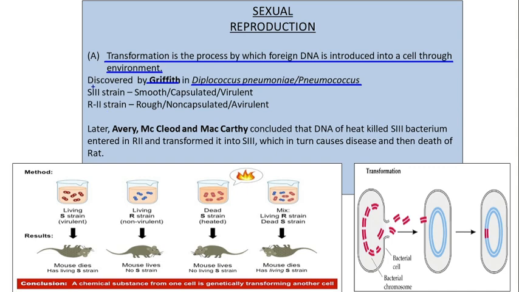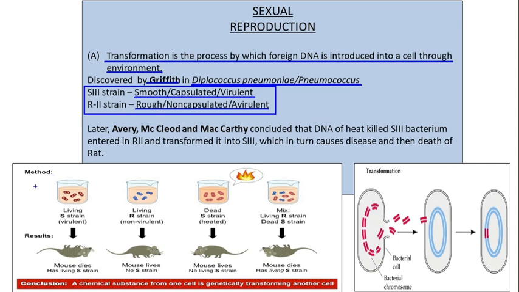Griffith observed that there were two strains. The first strain is S3, which is a smooth, capsulated, virulent strain. That means it was a very deadly strain, whereas R2 is the rough, non-capsulated and avirulent strain. Avirulent means that it was not creating any problem, it was not deadly.